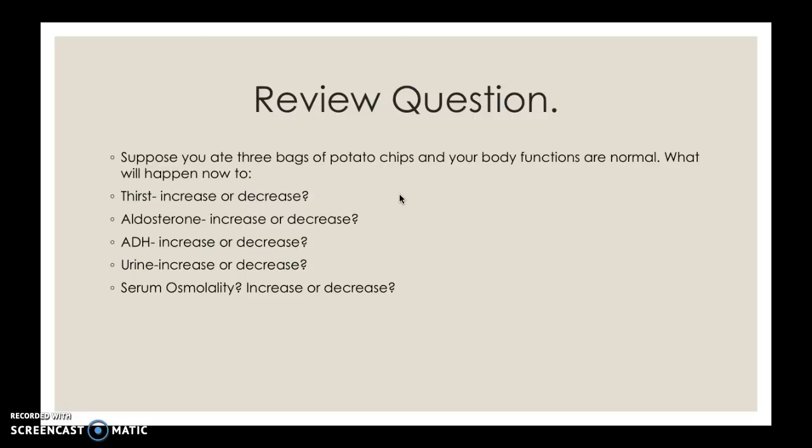ADH triggers the kidneys to hold on to water. Would you want to put more water? Yes, you would, because you've got a lot of sodium. You want to dilute it. What about urine? You would expect urine to go down, right? Because you want to dilute all that salt in your bloodstream. Your kidneys have been stimulated to hold on to water.